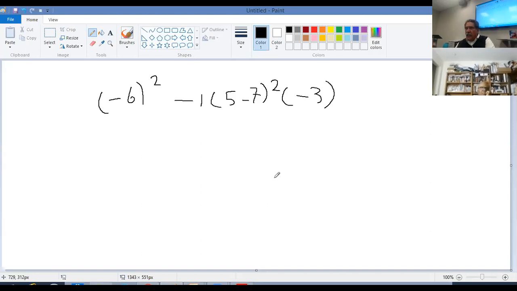All right? So first I started from inside these parentheses. 5 minus 7 is subtraction. 5 minus 7 is 2 negative because the larger number is negative. So this becomes minus 2. I no longer have the 6, and no longer have that subtraction.